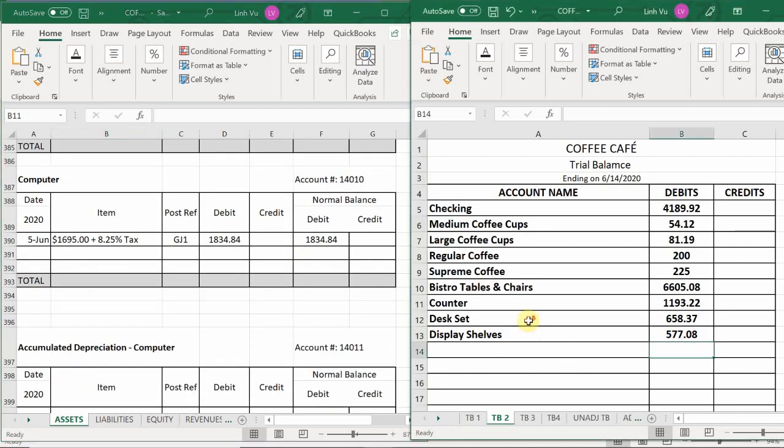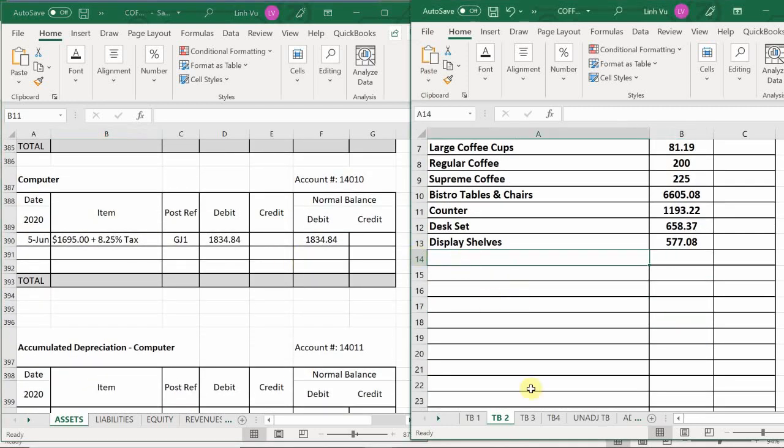Yes, we bought a computer for 1,834.84. Okay, good.